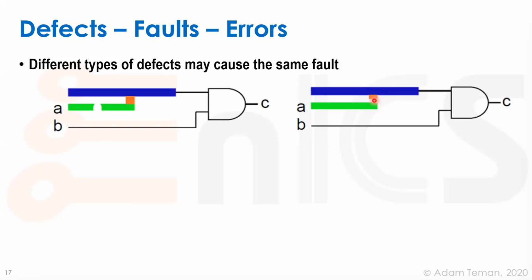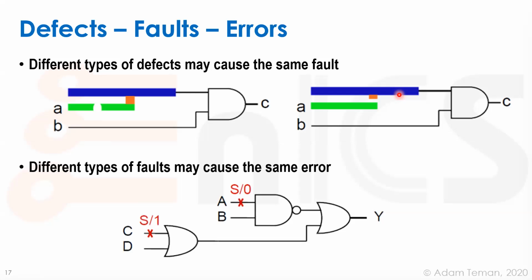So these are different defects. One of them was in this layer, one of them was in this layer, but the fault is exactly the same. So we don't need to check basically every single type of piece of metal, maybe if it got ripped up or not. We can make a model that catches all of them and check the fault. If there's no fault, then we know that our circuit's okay.